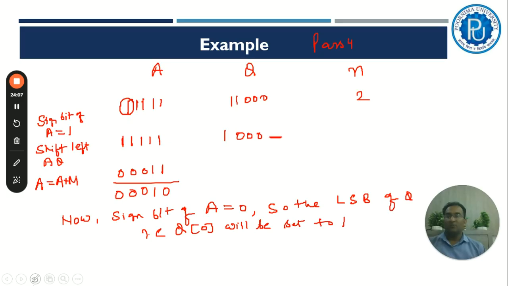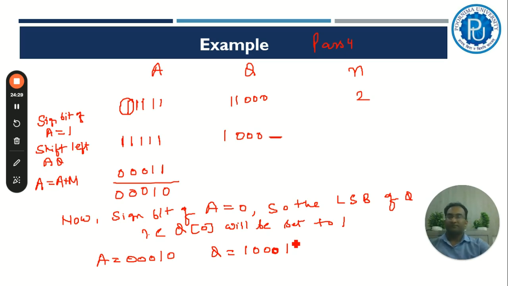So the accumulator in this pass will become 0 0 0 1 0, and the Q register will become 1 0 0 0 1. Set to 1. That is after pass 4.